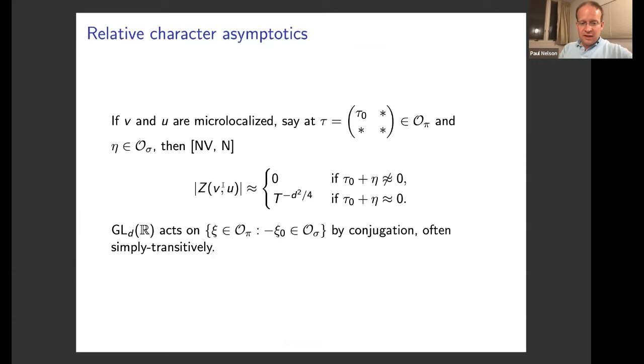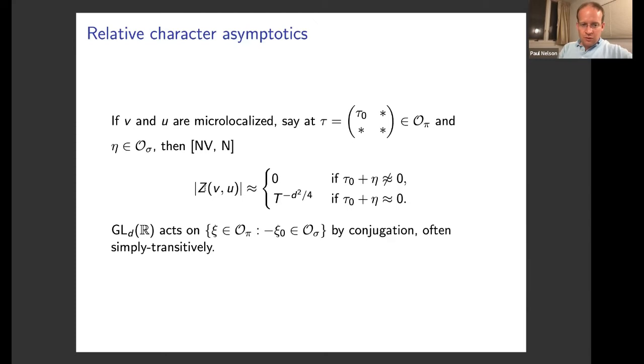We can ask to evaluate the size of this local integral of Whittaker functions when V and U are microlocalized. So let's write, for example, tau for the parameter at which V is microlocalized. The upper left d by d block of tau will be relevant. Let's call that tau 0. And let's write eta for the parameter at which U is microlocalized.